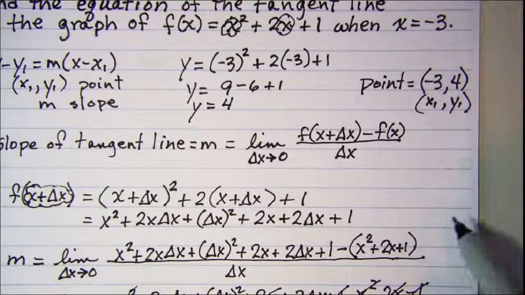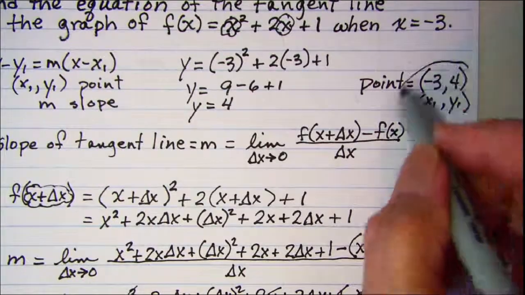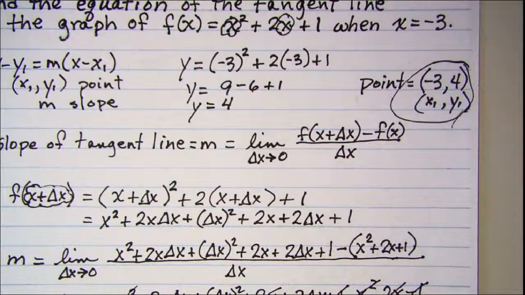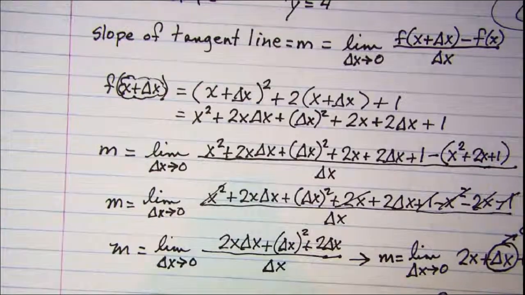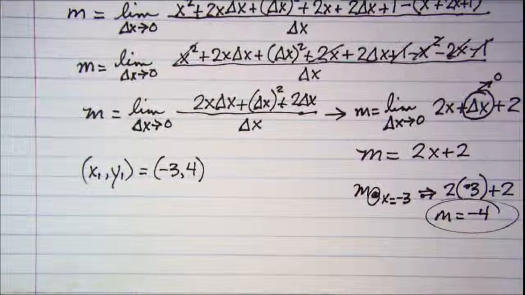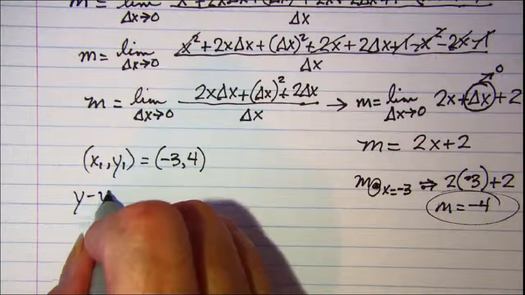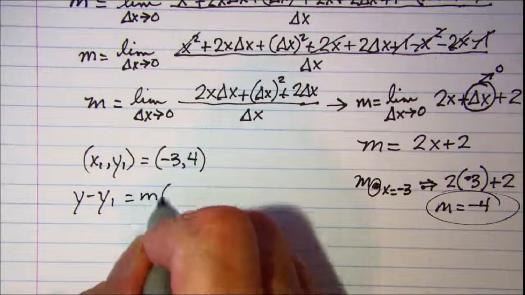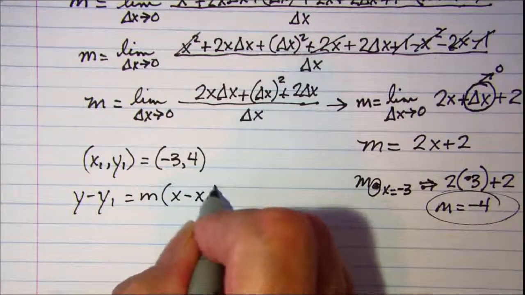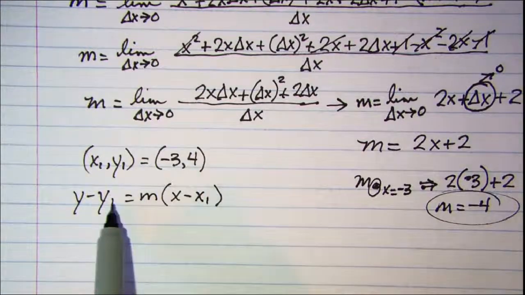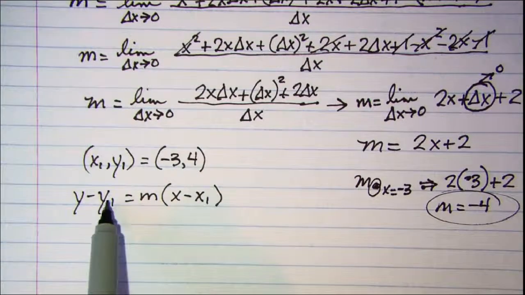I have my point, which is negative 3, 4. Let me copy that down here. So I can use my y minus y1 equals m times x minus x1. I'll sub in 4 for y1.